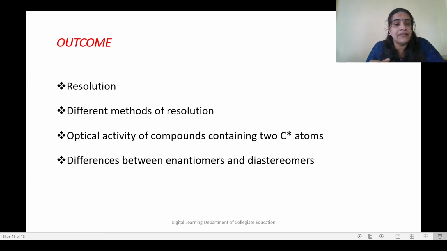Then what are the different methods by which you can bring about resolution. Then how the optical activity of compounds containing more than 1 chiral carbon can be explained with reference to tartaric acid and 2,3-dichlorobutane, and also the differences between enantiomers and diastereomers.